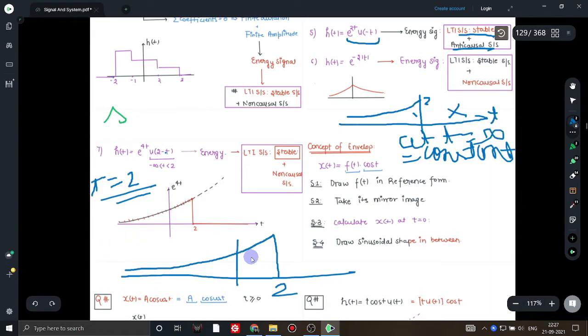It is a stable system because at t equal to infinity the value is constant.